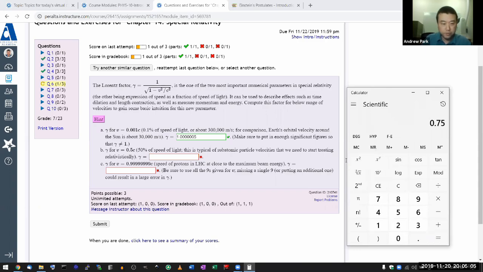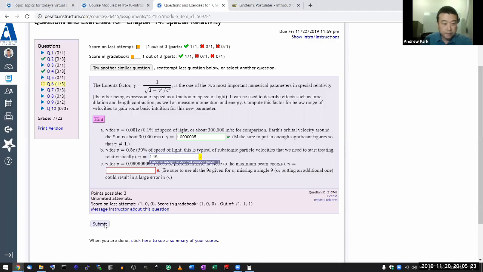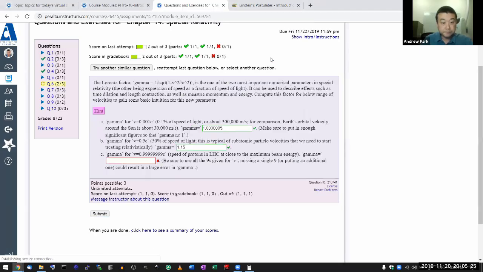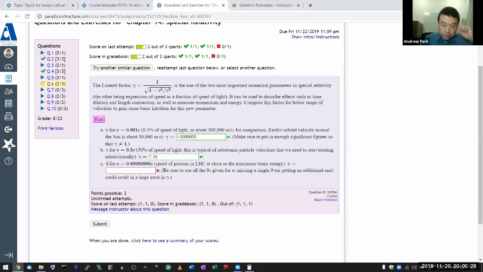Take the square root, put that into memory, and take the reciprocal, 1 divided by that number, and that's gamma. So 1.15, that should be close enough. 1.15. Good. All right, let's do C.